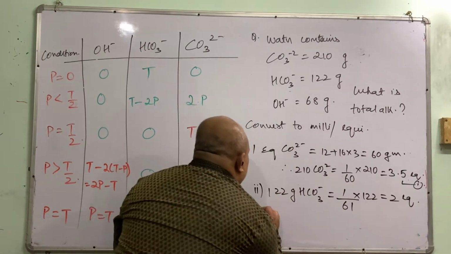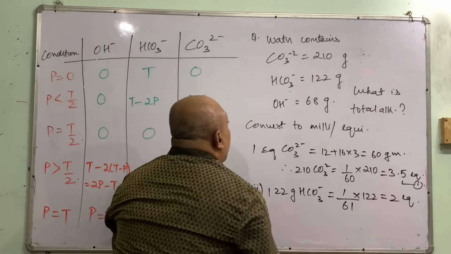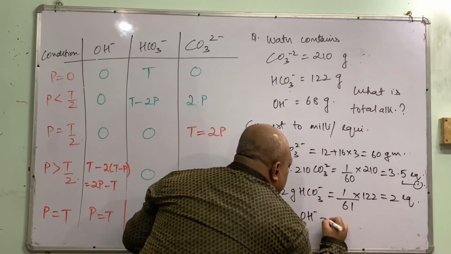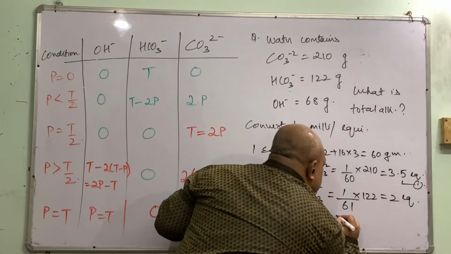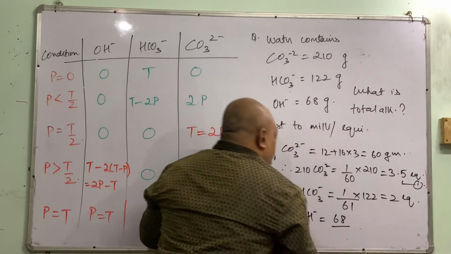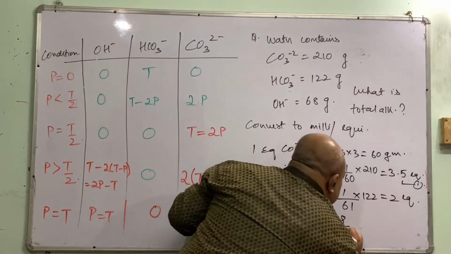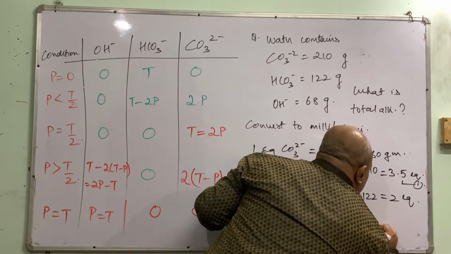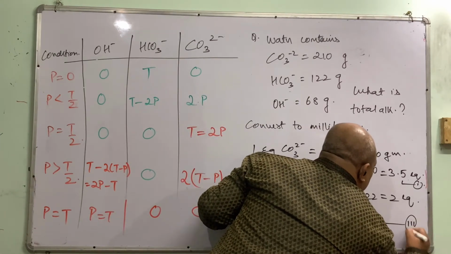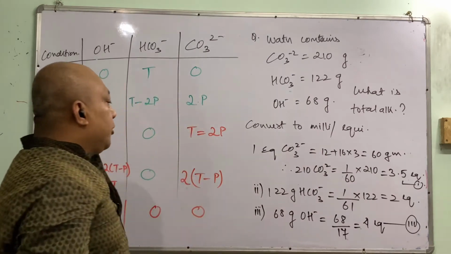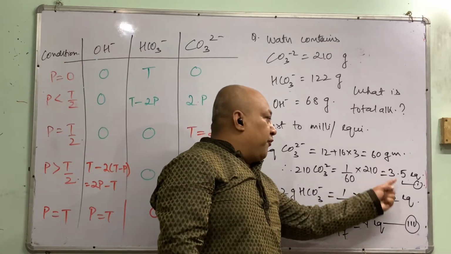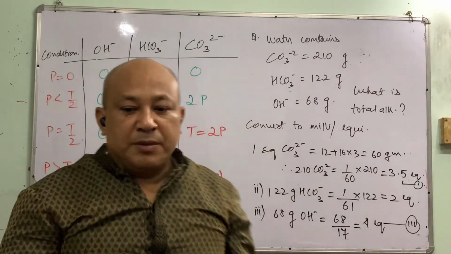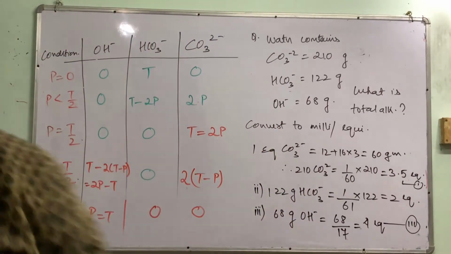Then number 3 is OH. 68 gram OH, divided by 17 (OH is 16 plus 1), is 4 equivalent. Therefore, total is 3.5 plus 2 plus 4, which is 9.5.